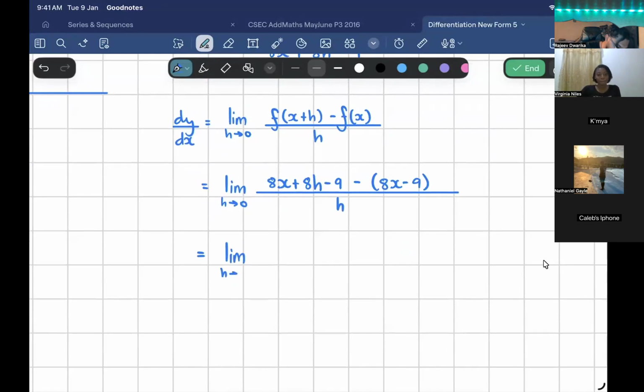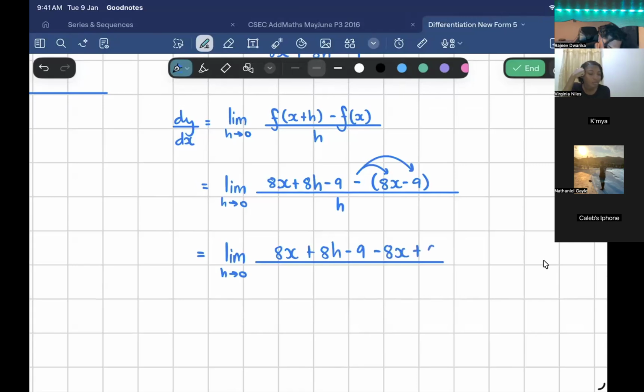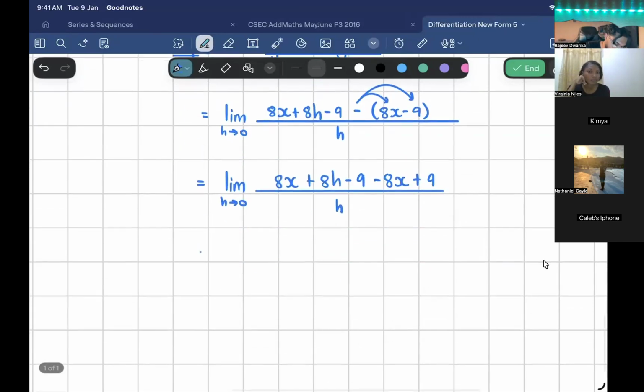What next? You will expand the brackets. So I get 8x plus 8h minus 9 minus 8x plus 9, over h.